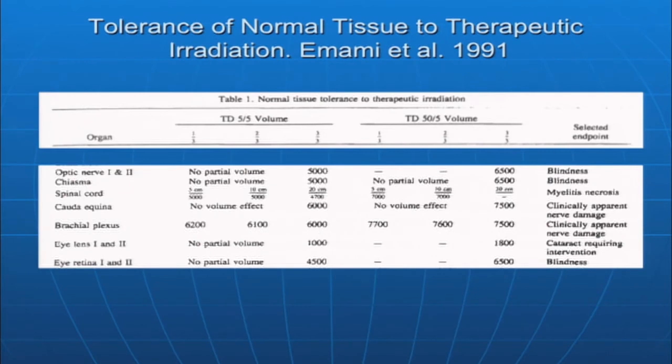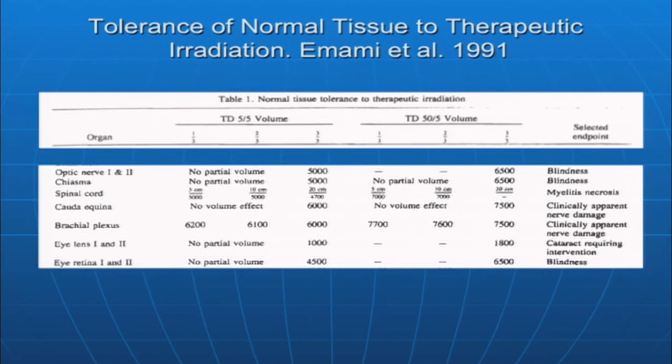As you can see here, the optic nerve and chiasm, because it's such a small structure, they only looked at it as a whole structure. Someone discussed this earlier. The TD5/5 for the optic nerve and the chiasm is 5,000 centigray. The TD50/5 for the optic nerve and the chiasm goes up to 65 gray or 6,500 centigray, causing blindness.